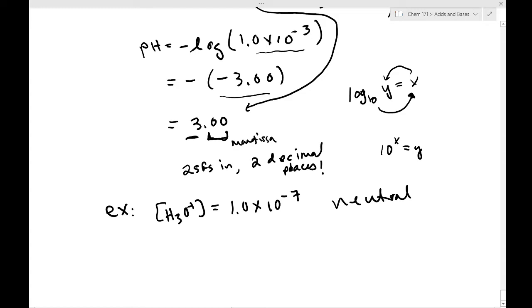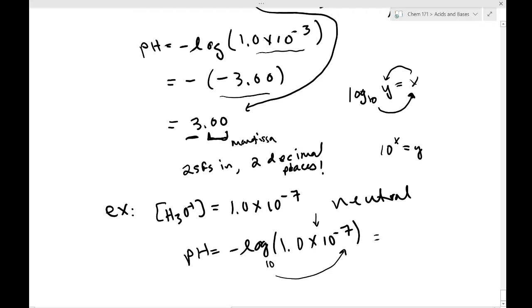Let's calculate the pH in this case. So pH is equal to negative log base 10 of the hydronium ion concentration, which is 1.0 times 10 to the minus 7. Logs are asking: 10 raised to what power is equal to whatever we have originally within this container?